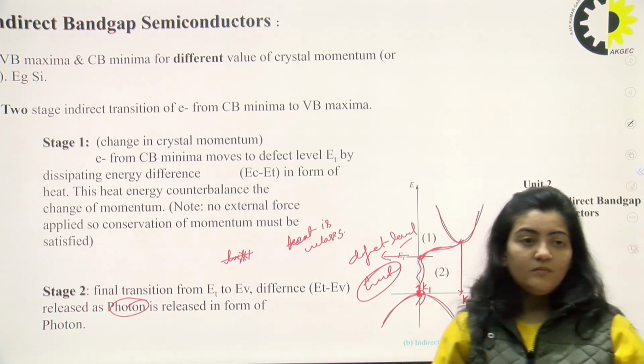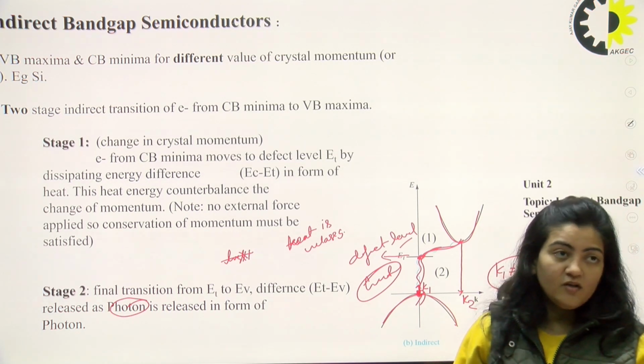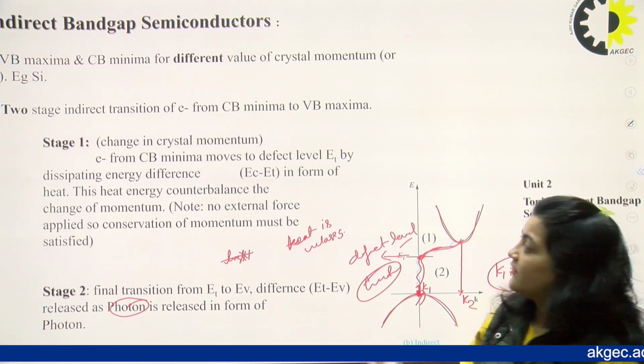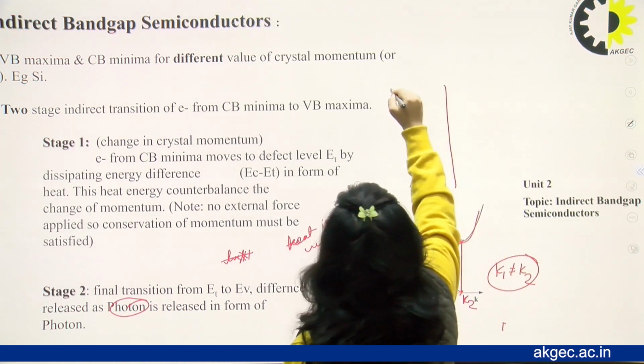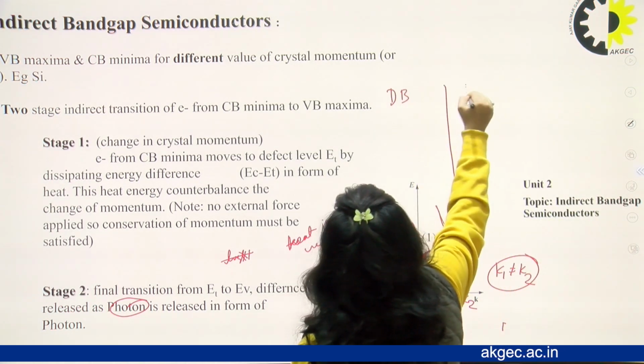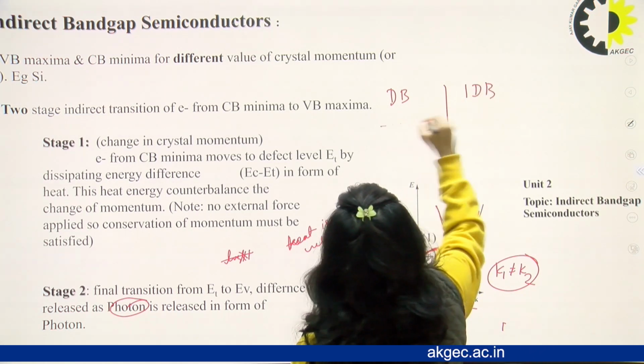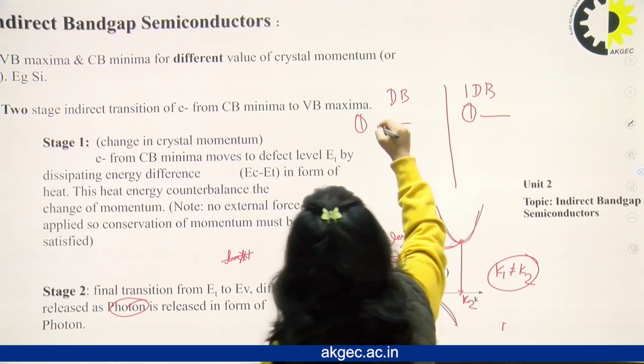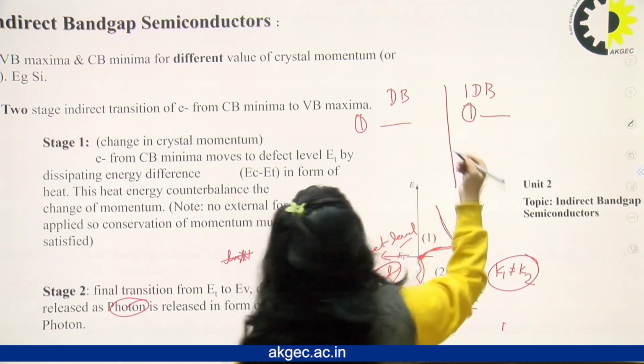Okay, so if we point out the differences between the direct band gap and indirect band gap, what is the first difference?